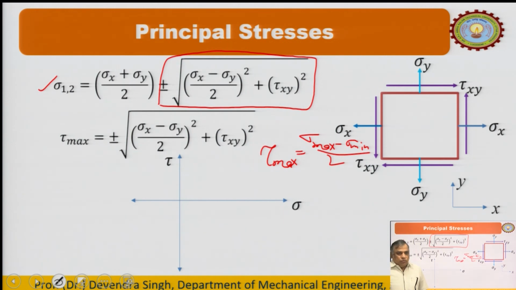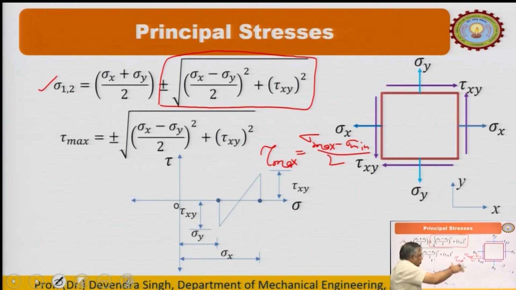Now, what is the meaning of it? I am presenting this for the state of stress I have shown here. For this state of stress I am drawing the Mohr's circle here, and everyone knows how the Mohr's circle is drawn.